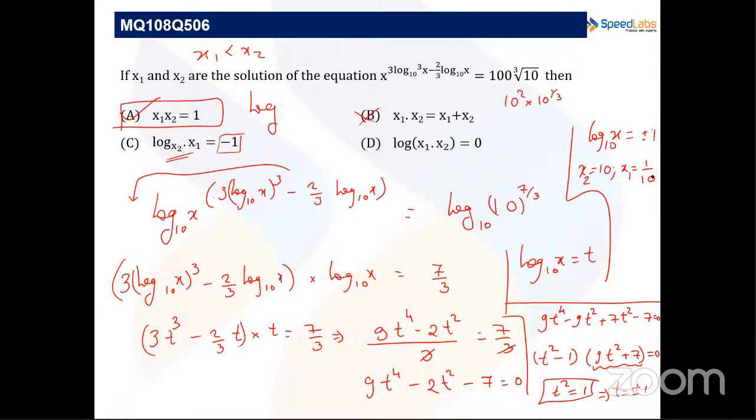We will be getting x1 as 1 by 10 and x2 as 10. So this will be log of 10 to the power minus 1 to the base 10, so minus 1 obviously. So C will be the correct option. And log x1 x2, it is x1 x2 is 1 and log 1 is 0. So D is also a correct option. Since it is given that C is a correct option, this condition was not there. Clear?